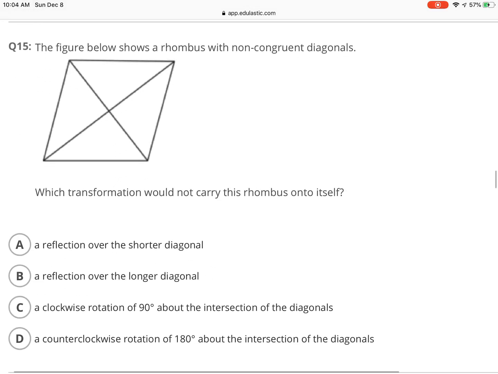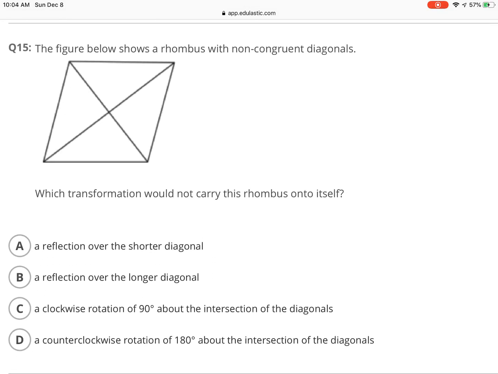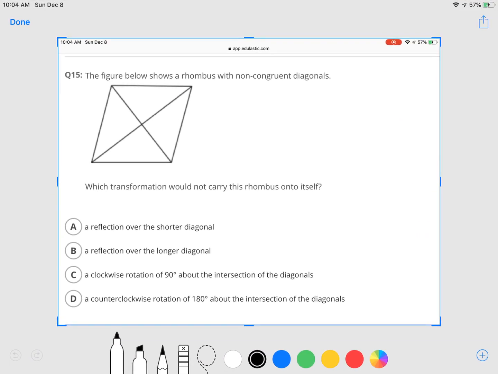Next question, number 15. The figure below shows a rhombus. From earlier in the video, one of the things we talked about is that for rhombuses, if you reflect over the diagonals, then the rhombus will get carried back onto itself, as opposed to a parallelogram where it doesn't work.